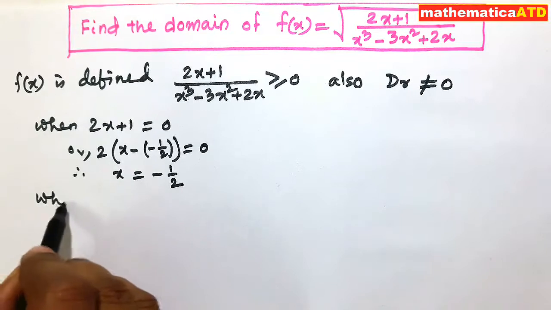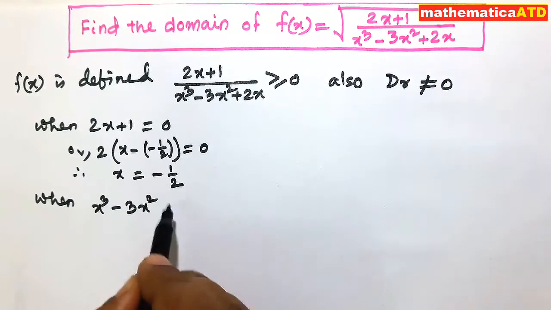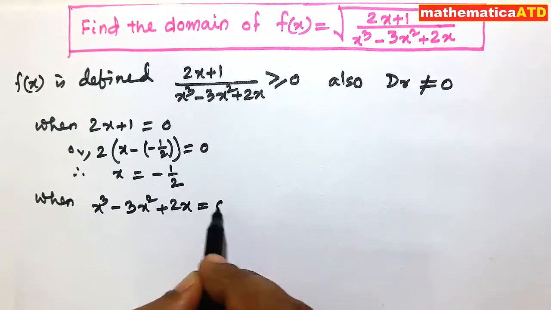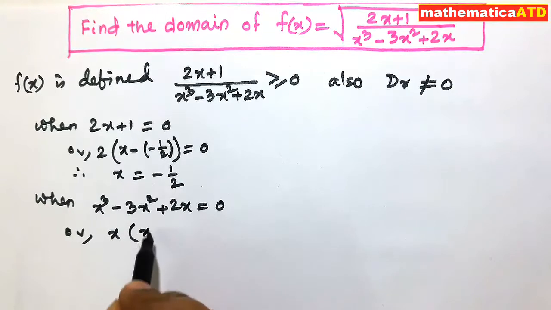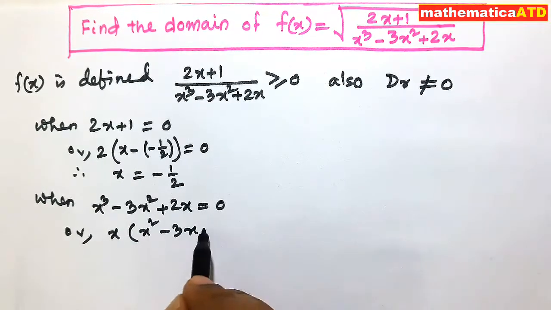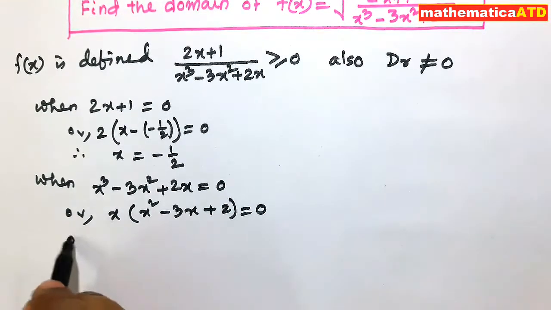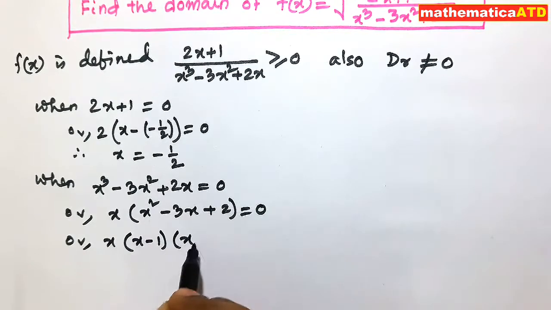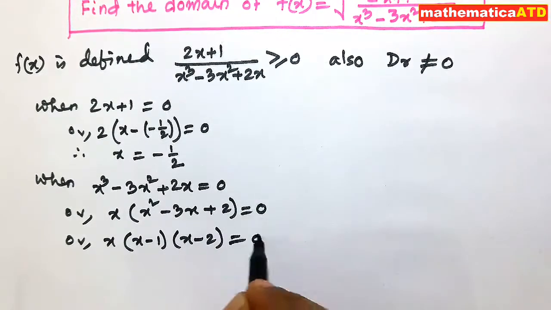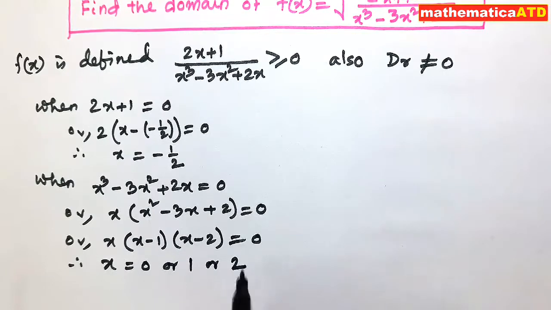And when the denominator x³ − 3x² + 2x is equal to 0, then we can write x(x² − 3x + 2) = 0, or x(x − 1)(x − 2) = 0. Therefore, x is equal to 0 or 1 or 2.